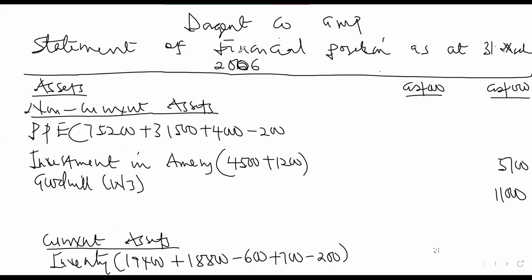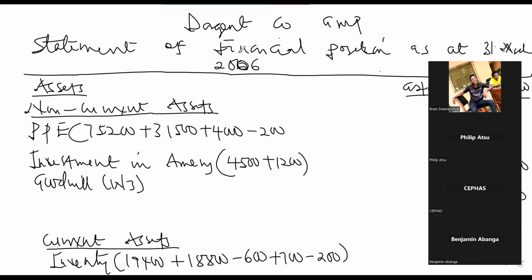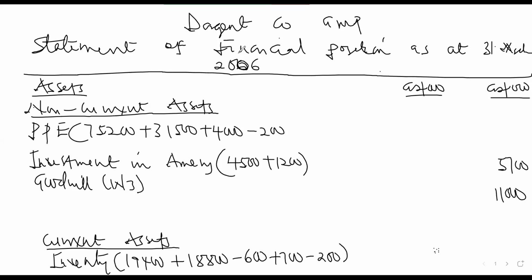19,400 plus 18,800 plus 700. I'm having 38,100. 38,700, 700 or 100? Okay, 38,100.